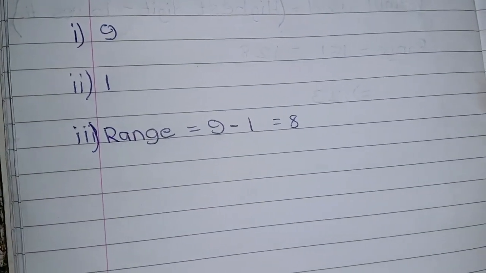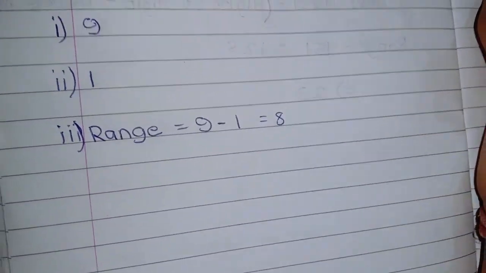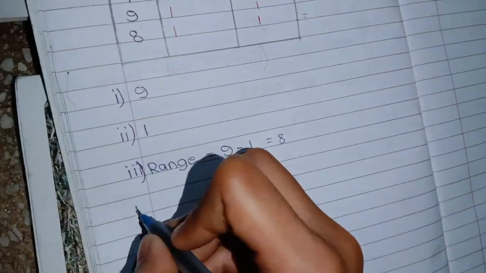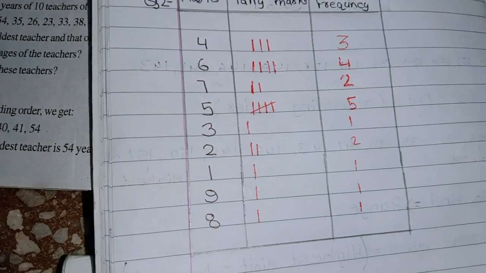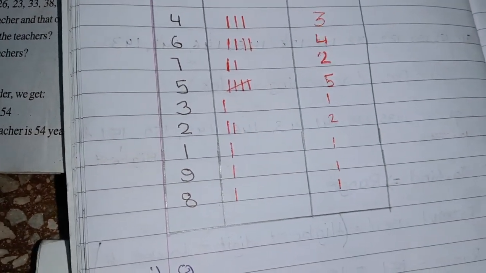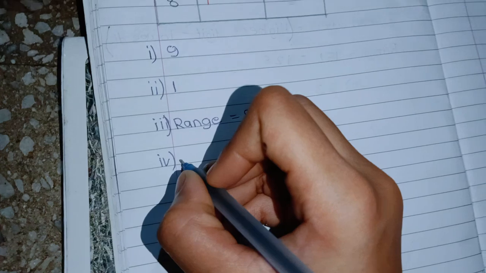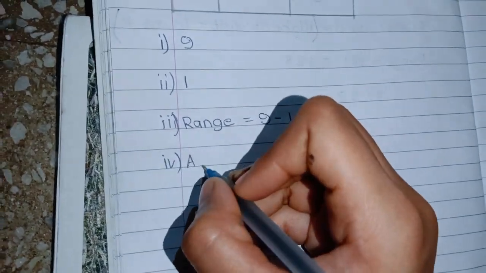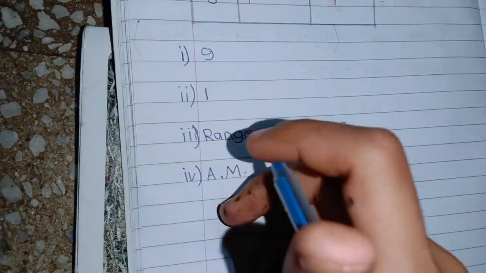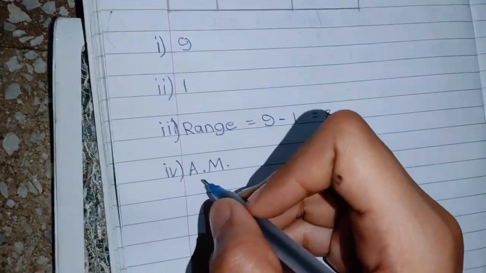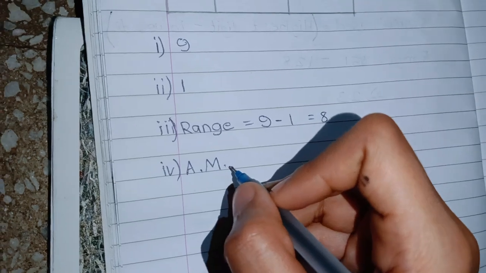Now we'll find the arithmetic mean. So what is the arithmetic mean? We'll also learn that. The short form of arithmetic mean is AM, not the time one. A means arithmetic and M means mean.